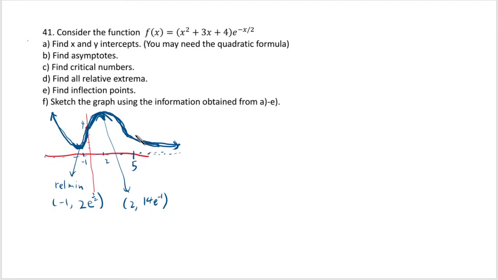Okay. And then at 5 comma 44 e to the negative 5 over 2 was an inflection. Okay. And this was an inflection too. Okay, so that completes the graph.